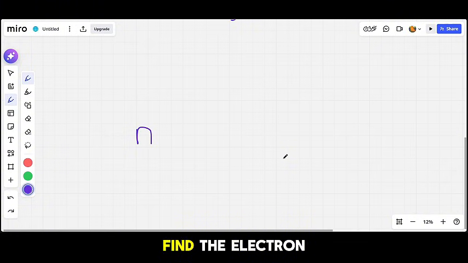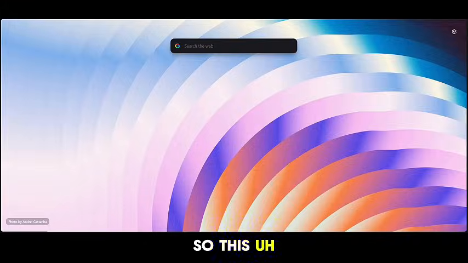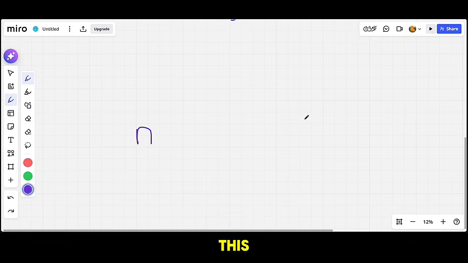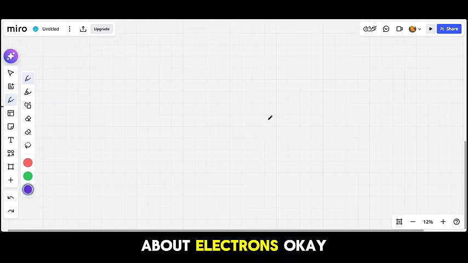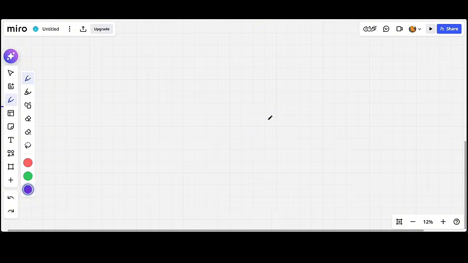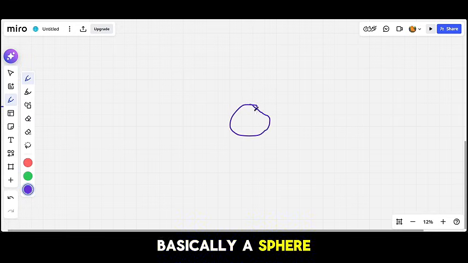And you typically find the electron in the SPDF orbitals, which look sort of like this. Let me just draw it. So this S orbital, where electrons might typically be generally found, is basically a sphere.